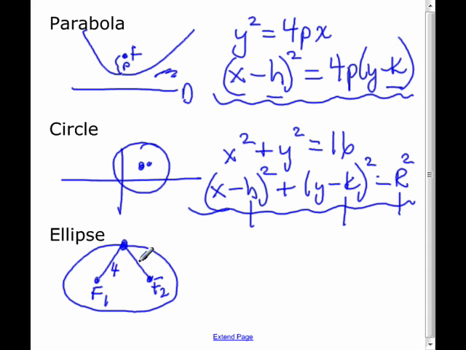So if this was 4 and this was 4, my sum was 8. Anywhere else along the ellipse, if I took the distances to the two foci, the sum of that would always have to be 8.